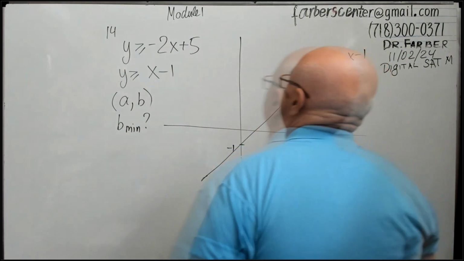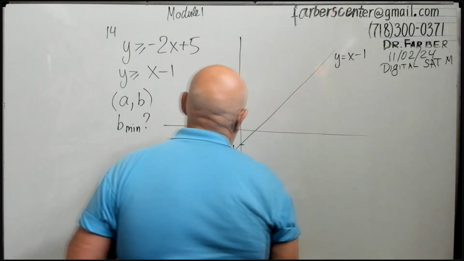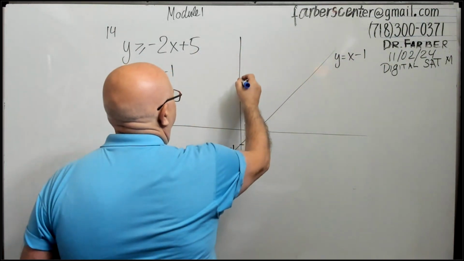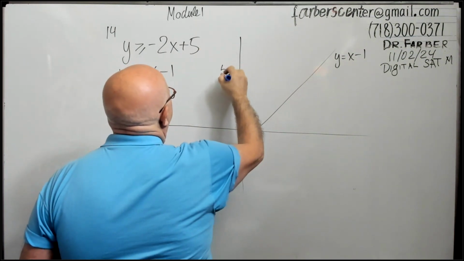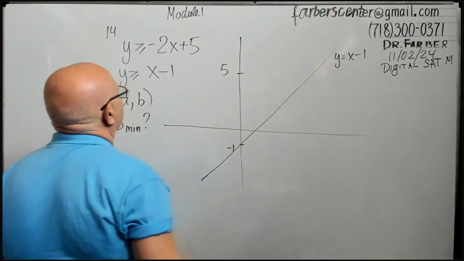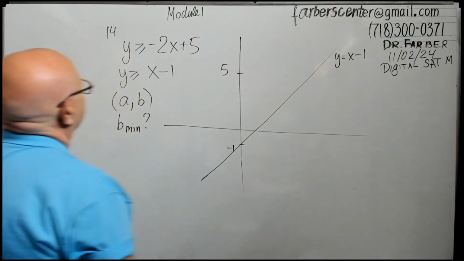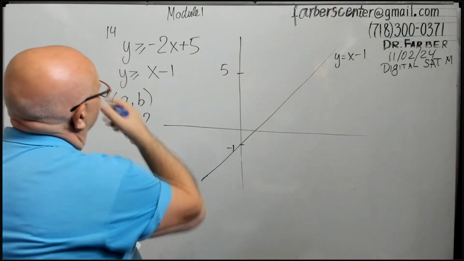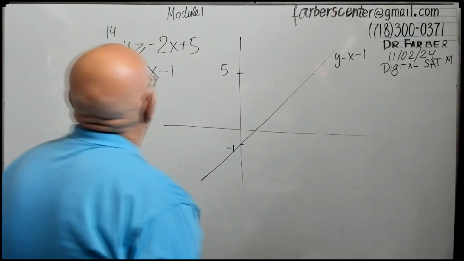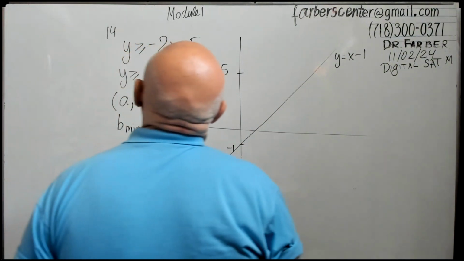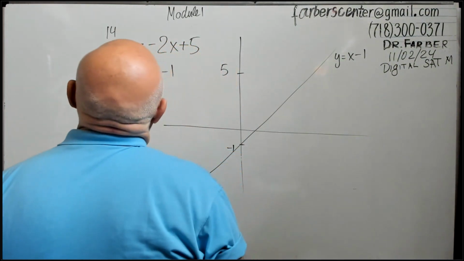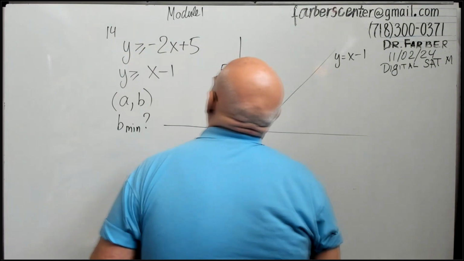The second, negative 2x plus 5. This is 5, the y-intercept. And negative x is supposed to go down. For instance, when x equals to 3, negative 6 plus 5.